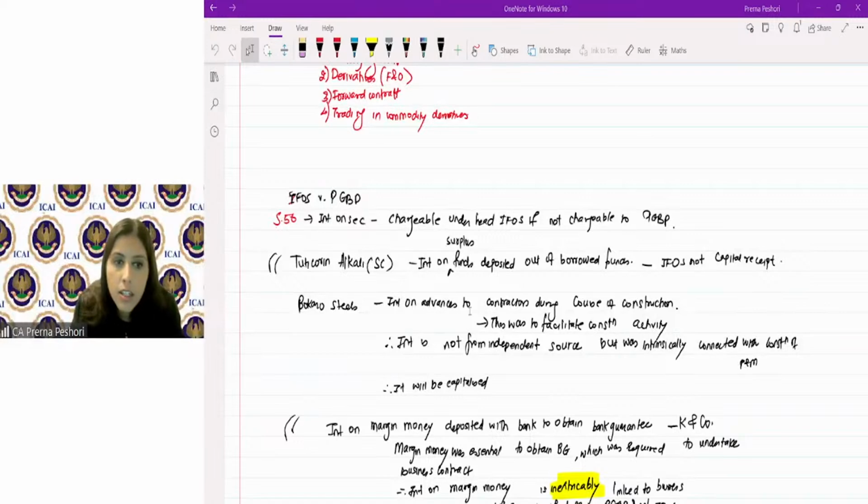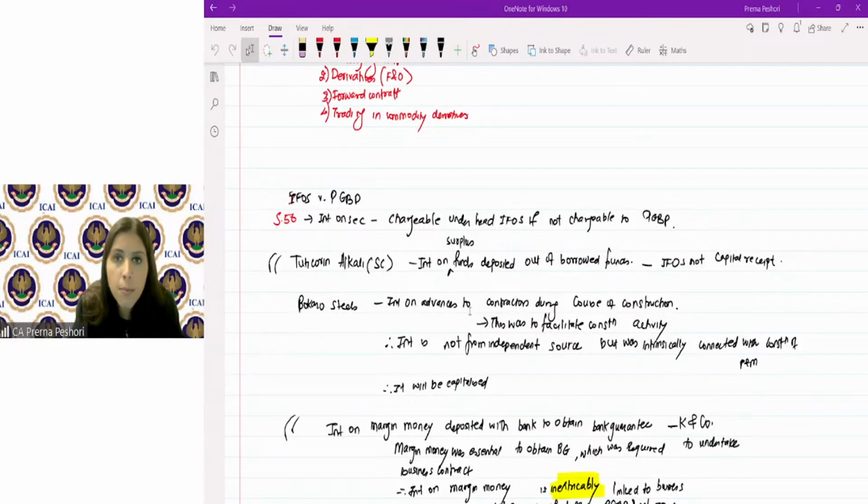Are we getting that? So under ICDS 9, the borrowing cost, this example is clearly given over there. Yes. So the interest which is towards the temporary investments.